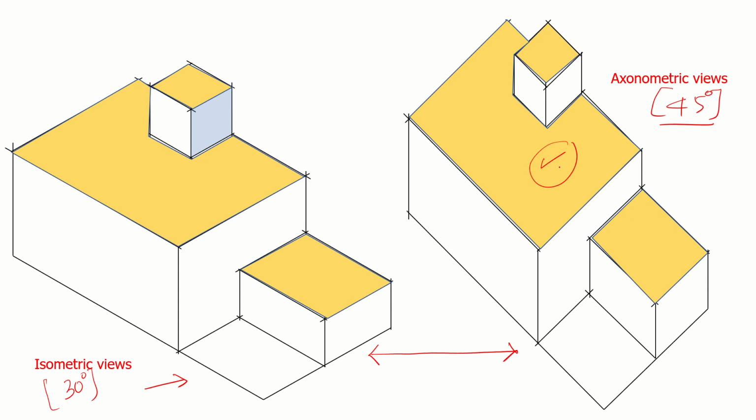In the axonometric view the roof is getting highlighted, whereas in the isometric view all the sides, 1, 2 and 3, are getting almost equal importance. Here only the roof part is getting primary importance and the other two sides are not getting as much importance as in the other drawing.